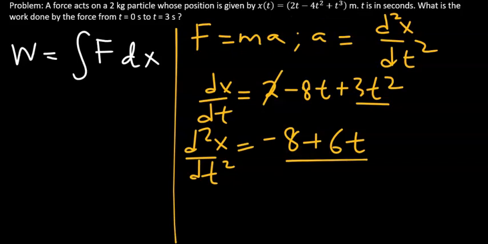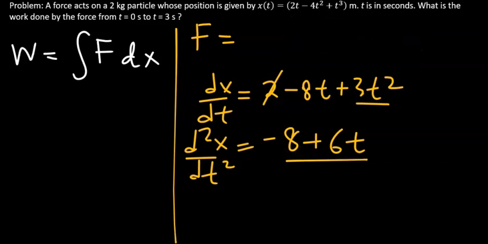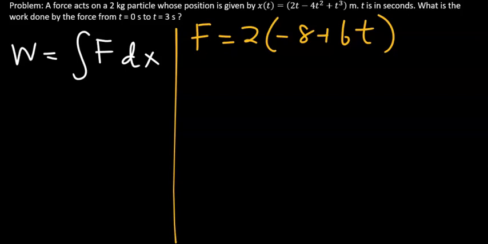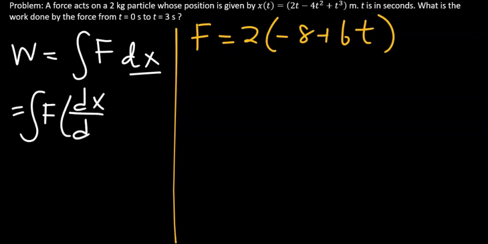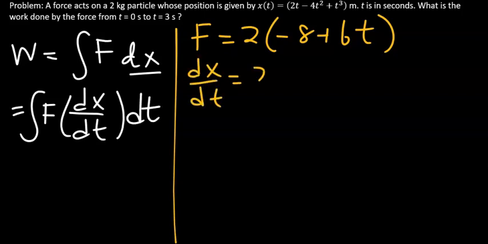So let's substitute this expression in here. Your force is mass 2 times acceleration. Now it's minus 8 plus 6t. What about dx? To this end we can rewrite this integral in the following way: F dx/dt dt. Do you remember what dx/dt was? It is 2 minus 8t plus 3t squared that we worked out a few minutes ago.